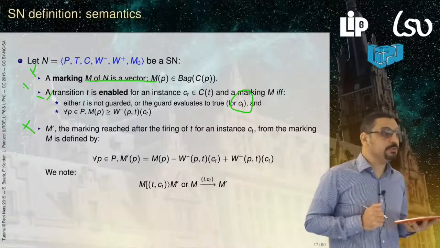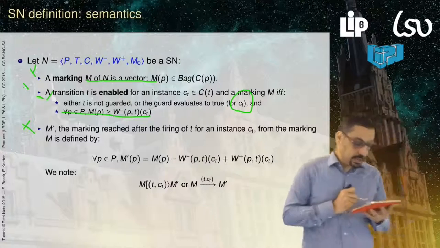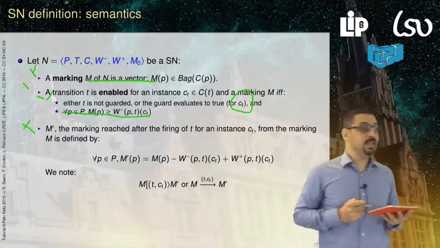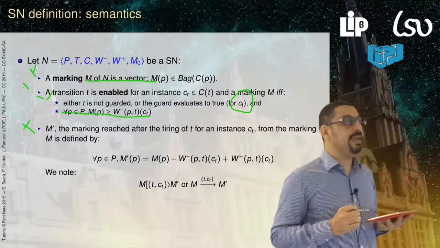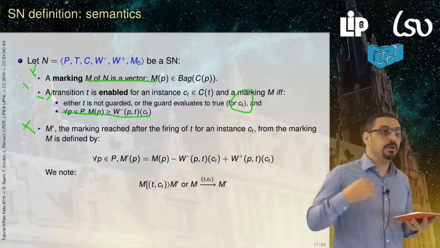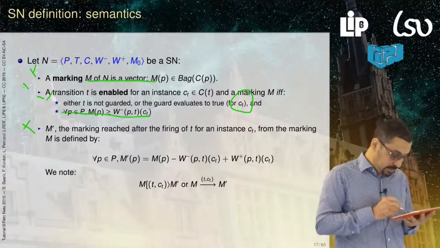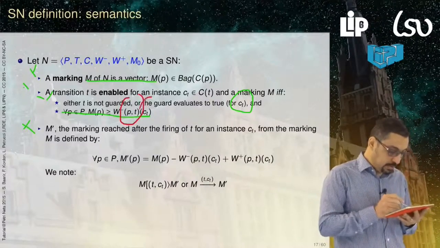The second point is the inequality which says that the marking of a place P must be greater than or equal to the bag associated to the entry PT for the color CT.